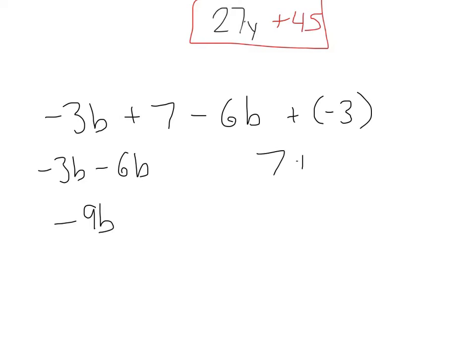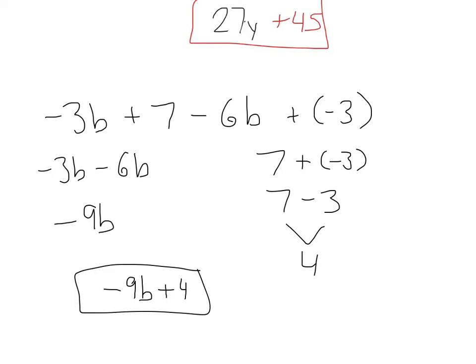Well, remember, plus a negative is the same as saying subtract, so 7 minus 3 is 4. So hopefully your final answer was negative 9b plus 4. Now, would it be wrong to write it as 4 minus 9b? No, it wouldn't be wrong, but we really prefer to write it in exponential order as well as with the variables first, so I prefer this.